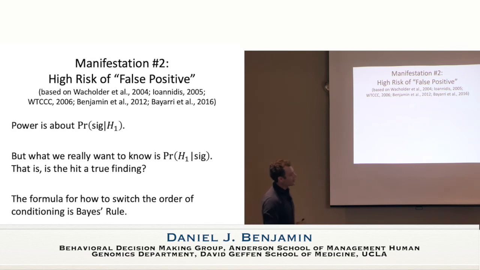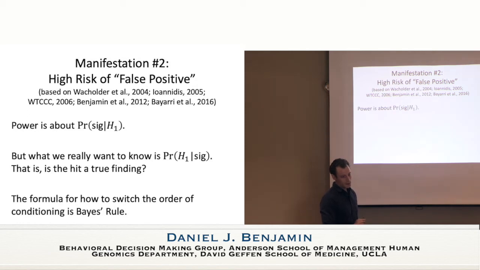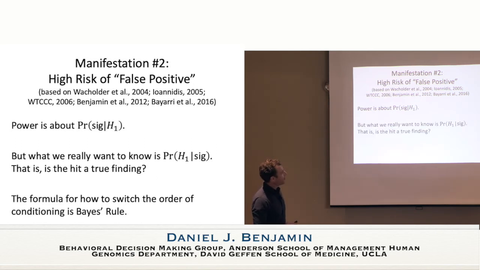So the second manifestation is a high risk of false positives. Power is about the probability of finding a significant result when there really is an effect. But what we really care about is the probability that there really is an effect, given that we have a significant result.